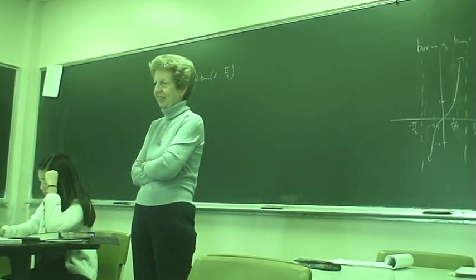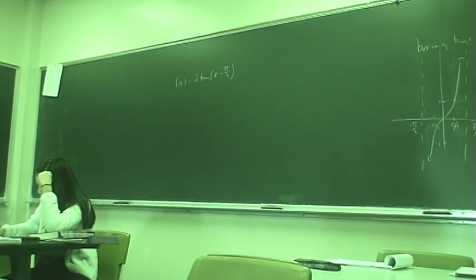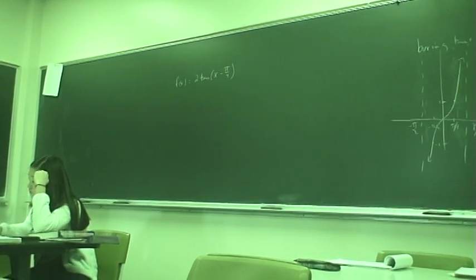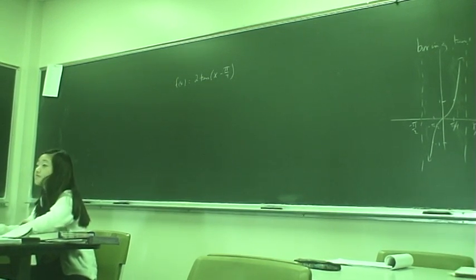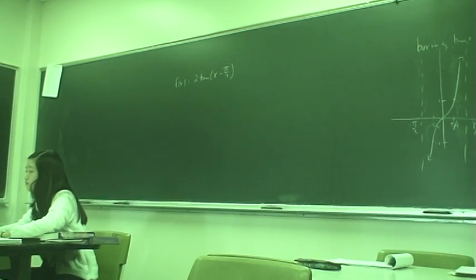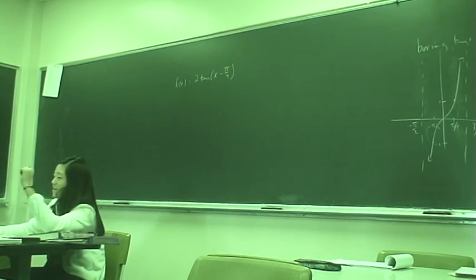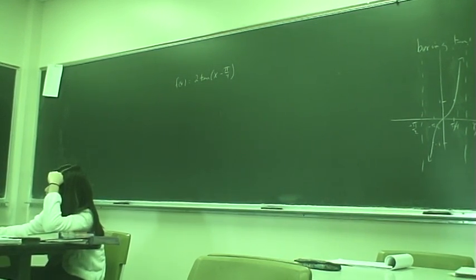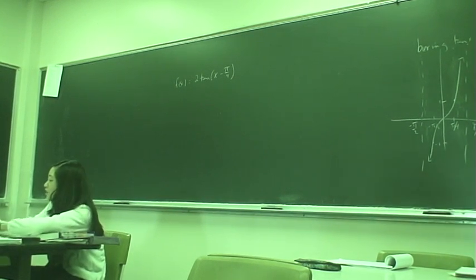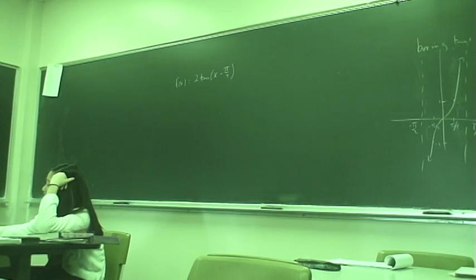If you have the point 0, 0, then you have the point pi over 4, 1, then you have pi over 2. Negative pi over 4, negative 1, then you have 0, negative 2.